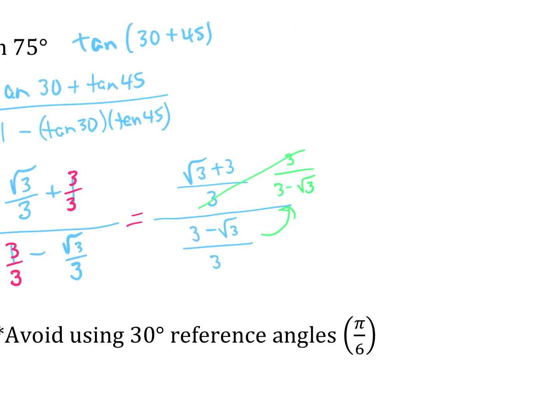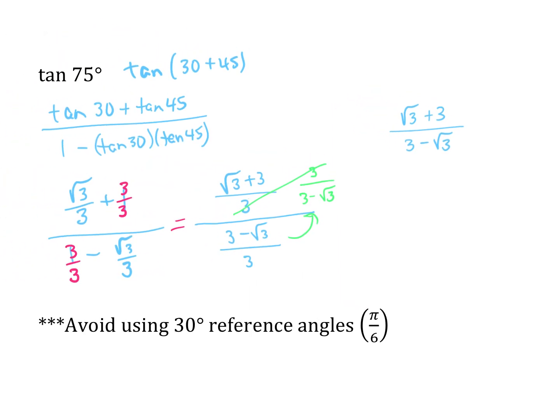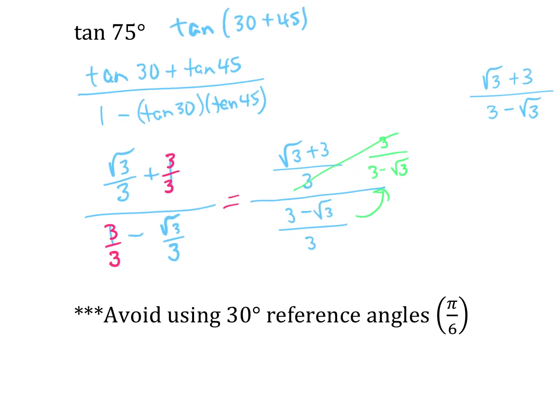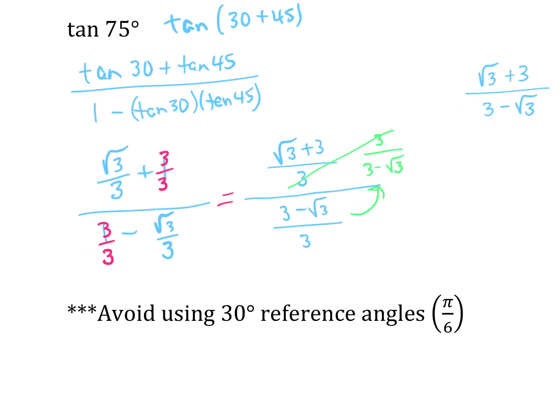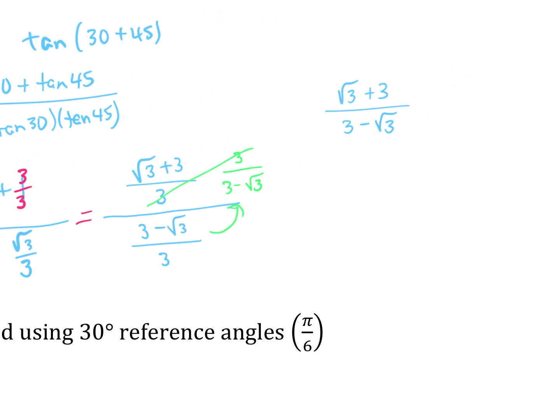Okay, so what we have left is root 3 plus 3 all over 3 minus root 3. And now we've got to rationalize. So all of this work was just to get the fractions together and deal with the complex fraction. Now we've got to actually go back and rationalize.